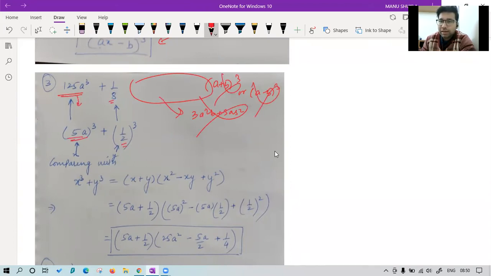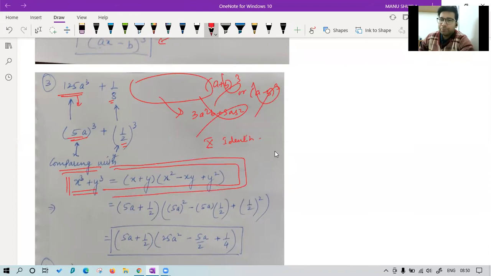Now this identity is not given to you separately in your book. If you remember, there are around 10 identities given in your NCERT. This was a question in the last exercise where you had to prove this identity.